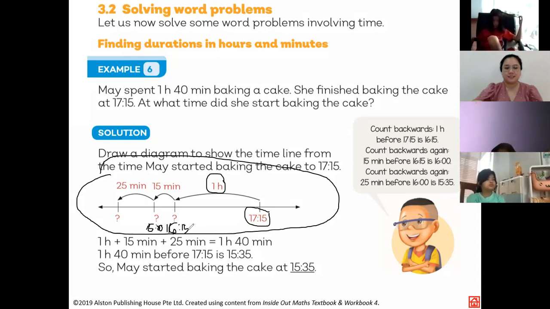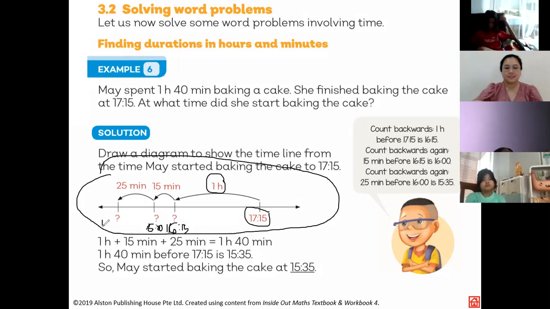So from 16:15, count backwards 15 minutes. So that is 16:00. And then we have to count backwards again for 25 minutes before 16:00. So from 16:00, count backward for 25 minutes.